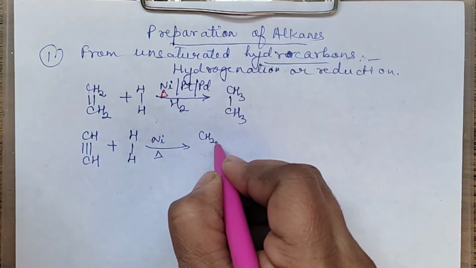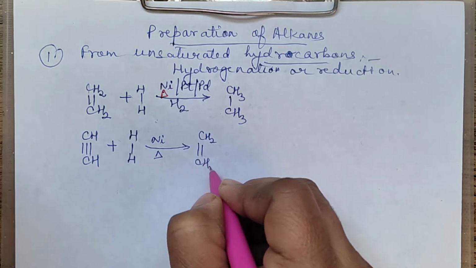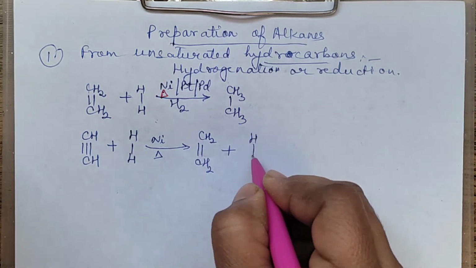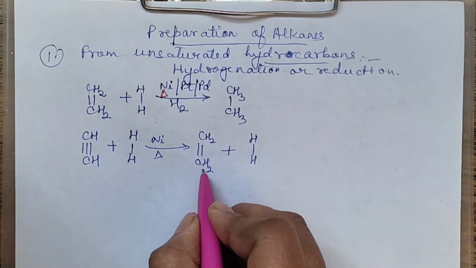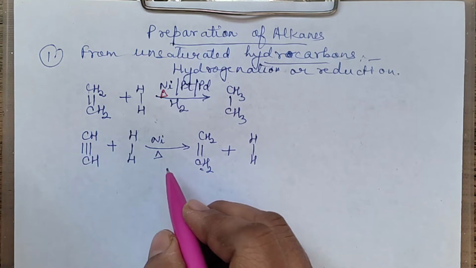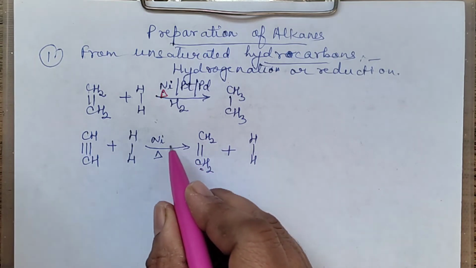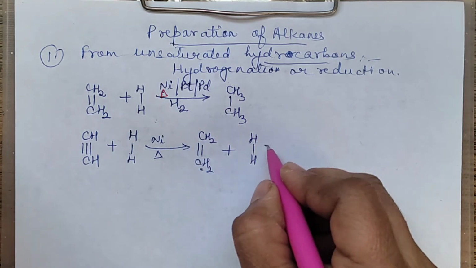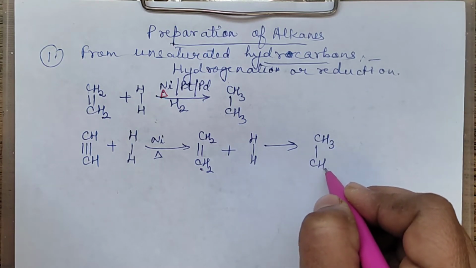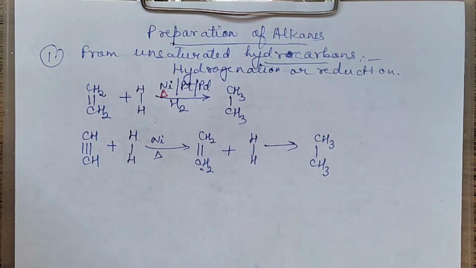It will first result in the formation of alkene, that is double bond will appear, and thereafter if you add one more H2, the reaction will not stop here. If you want to stop here, then you'll have to use some other catalyst. Okay, so if you're using nickel, platinum, palladium, it will continue adding hydrogen till you get a single bond between two carbon atoms.